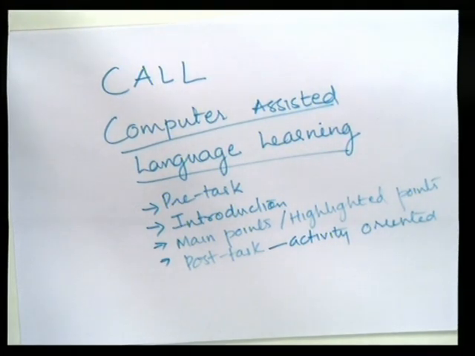For example, if you have taught solar energy in the class for science, you make them active. First of all, we have done our pre-tasking, that means we have activated the students. Second, we have given the main points, or the highlighted points. Then we make them understand the concept of solar energy.